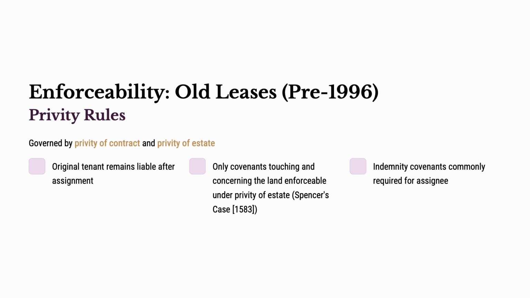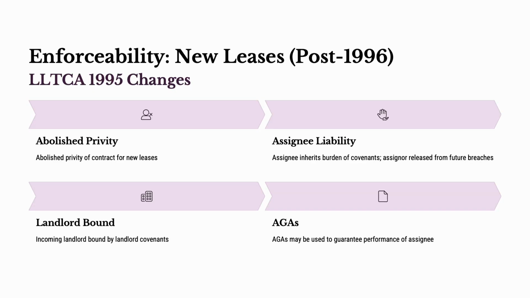So to understand leases before 1996, privity of contract and privity of estate both apply. But the new thing is post-1996: new leases created on or after 1st January 1996 are governed by the Landlord and Tenant (Covenants) Act 1995, which fundamentally reformed the law.